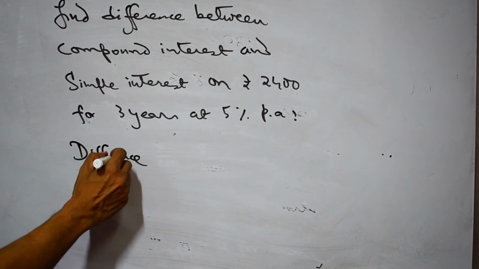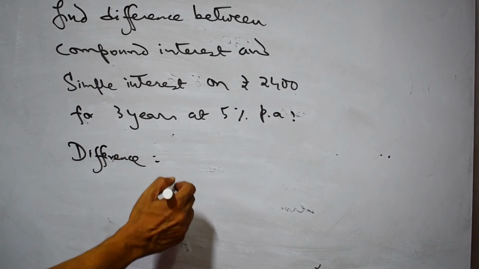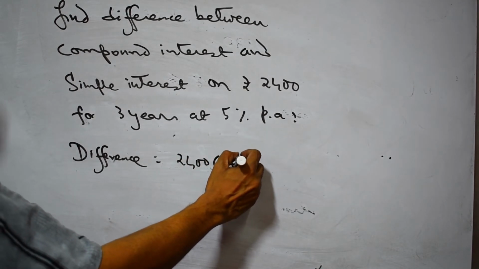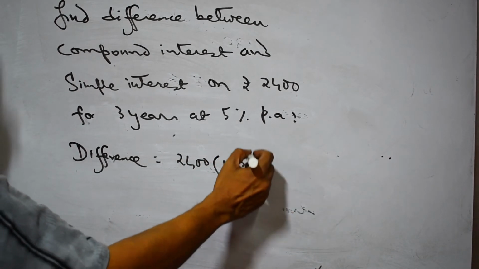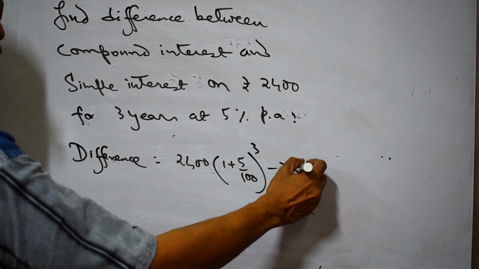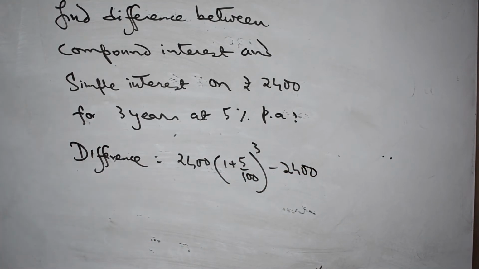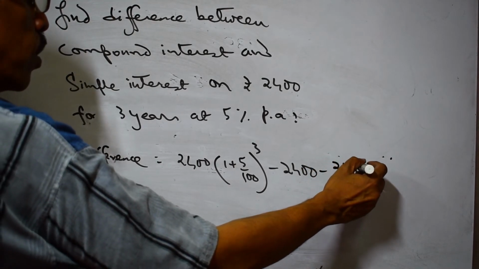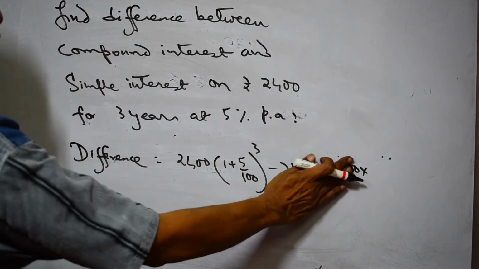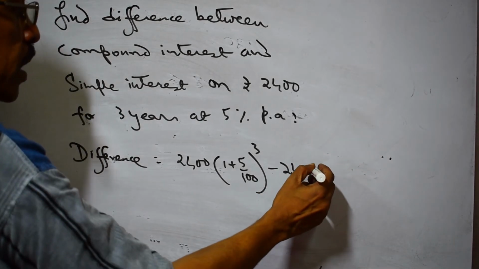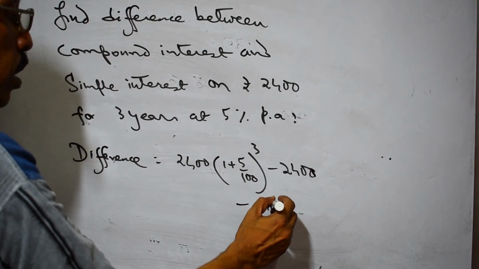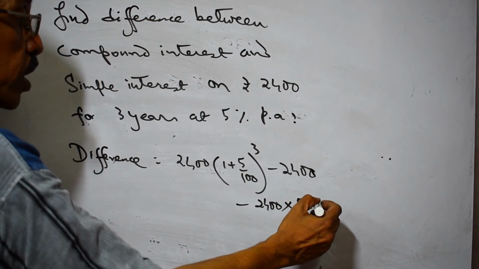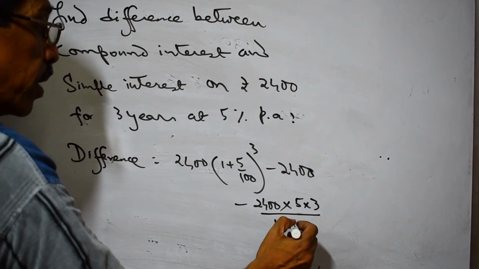The CI part will be 2,400 into 1 plus 5 by 100 whole to the power 3 minus 2,400. And the SI part, the simple interest part, will be 2,400 into 3 into 5 by 100.